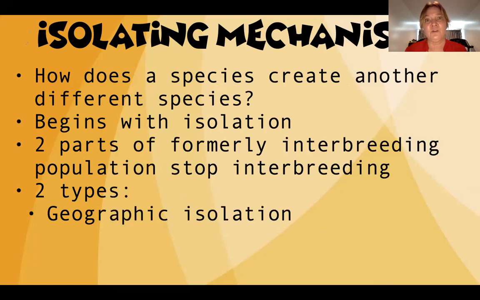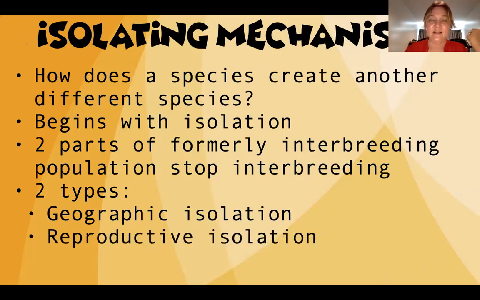The first one, which should be common sense, is geographic isolation, where they migrate to different areas or some kind of natural disaster, like an earthquake, volcanic eruption, or fire, splits up a population. This is the most logical way that a species would become two different species, if they got physically isolated. The second type of isolating mechanism is reproductive, which is a little more nuanced or complicated.